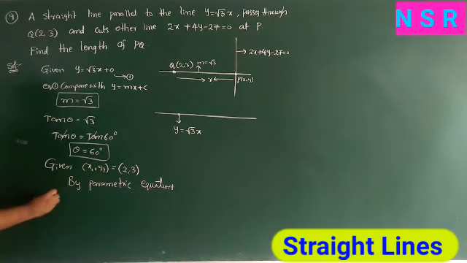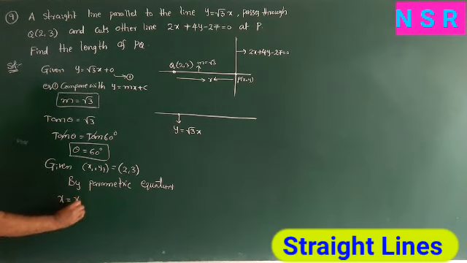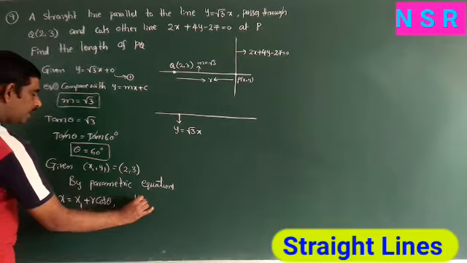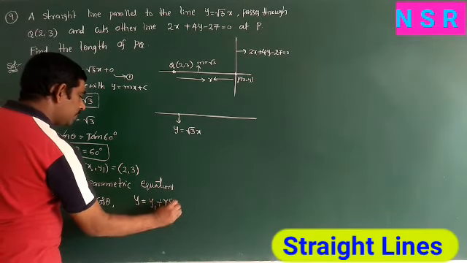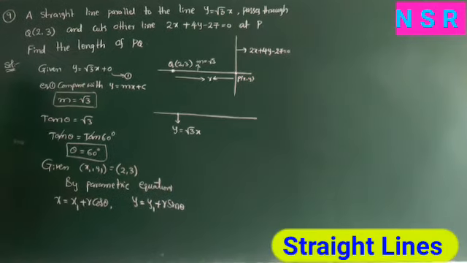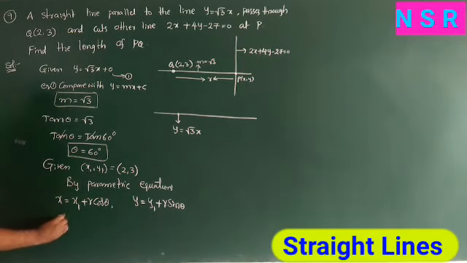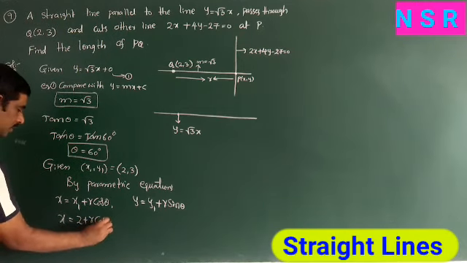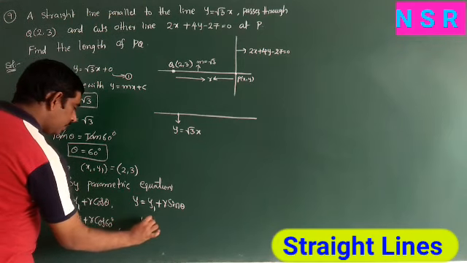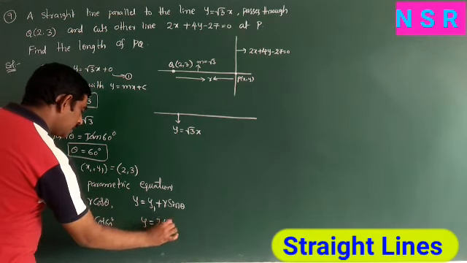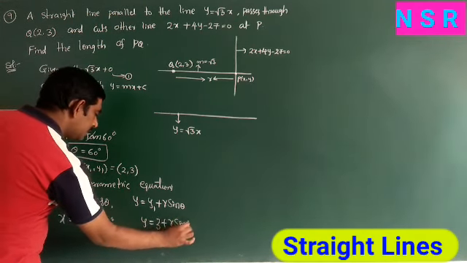So what are the parametric equations? x is equal to x1 plus r cos theta and y equal to y1 plus r sin theta. Now substitute the values. x is equal to x1 plus r cos 60 degrees and y equal to y1 plus r sin 60 degrees.